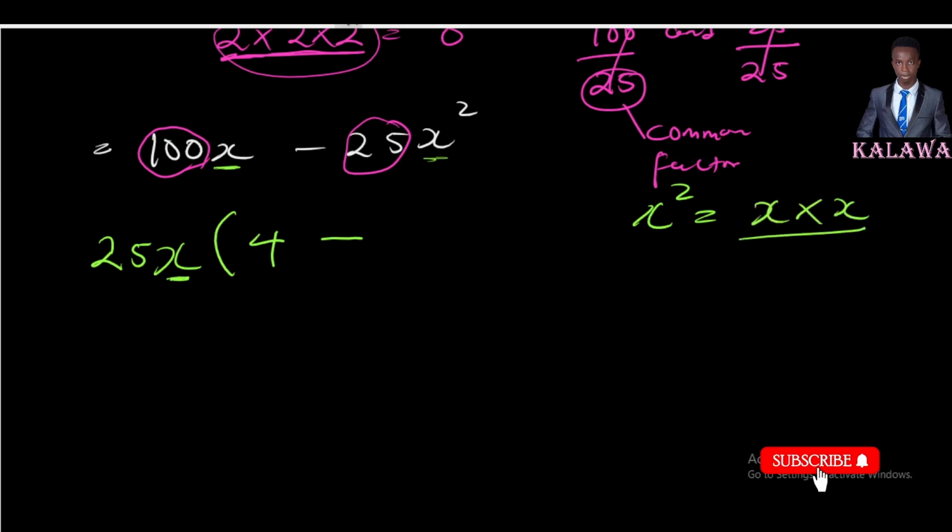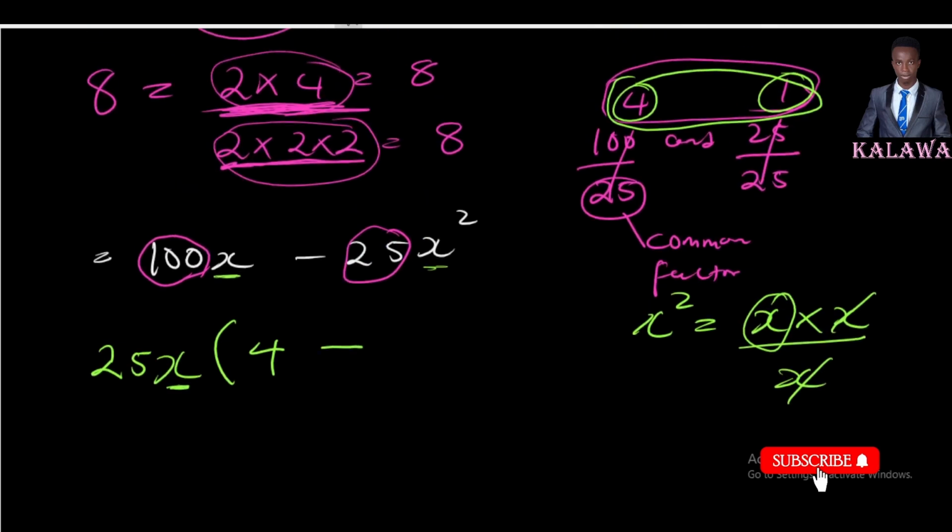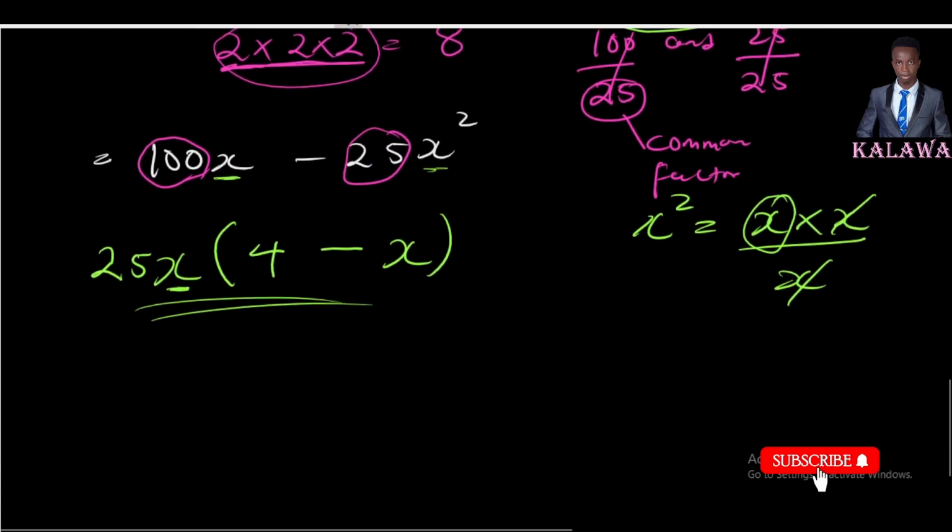Divided by what do we have outside as the common factor? x. So if we divide, what will remain? Only x will remain. So therefore, this is supposed to be 4 minus x. This is the factorization way we can leave this answer.